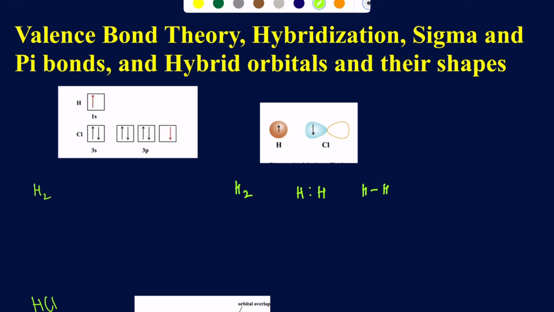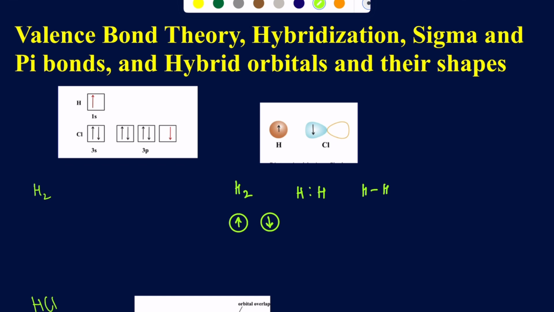So how do we get that explanation? Valence bond theory does a really good job of explaining how the bond is really going to be made. So we have an s orbital, the 1s orbital with one electron from one of the hydrogen atoms, and I'm going to have another s orbital with an opposite spin.